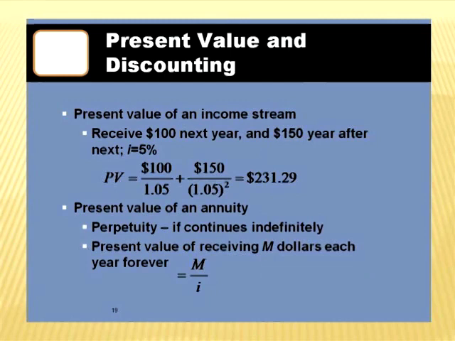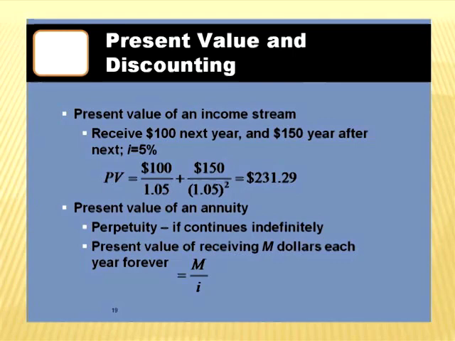And here's an actual calculation. Suppose we wanted to figure out what is the value of receiving $100 1 year from today plus $150 2 years from today. And suppose the interest rate is equal to 5%. Well, obviously that's not worth $250 since you receive one $100 a year from now and you receive the other $150 2 years from now.